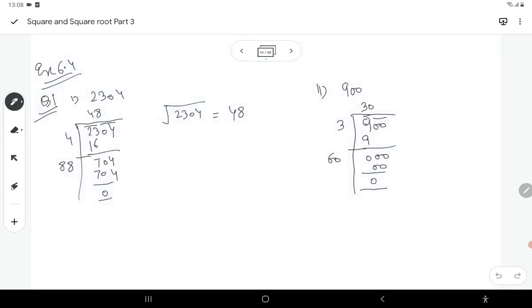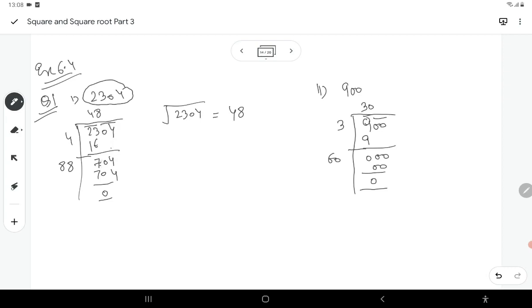Now let's solve exercise 6.4. First question says, find the square root of 2304. So we know that first make the pairs: 04 as one pair and 23 as one. So the largest possible is 4 4s are 16, and 23 minus 16 remainder comes as 7. Next step, bring down the pair on the right-hand side, 04.